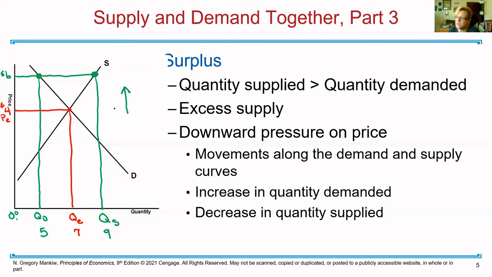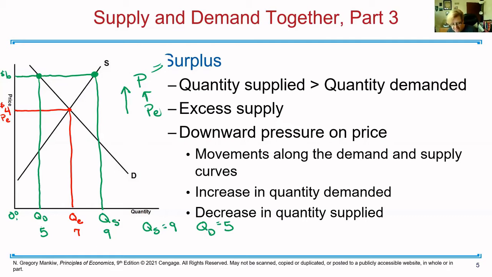Now, because the price is above equilibrium, so P is actually above P sub E, we end up with a surplus because the quantity supplied here is 9. That means that we have 9 that we've made ahead perhaps, but there's only 5 customers that want it. And if you're talking about ice cream, that definitely doesn't hold.